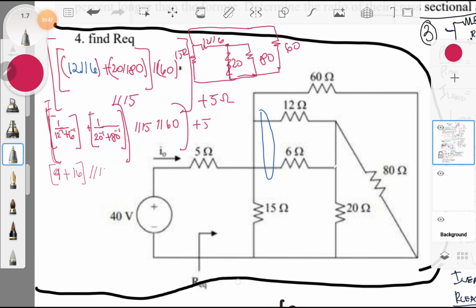In parallel with 15, in parallel with 60, plus yung 5 ohm. So, we have 1 over 20 raised to negative 1 plus 15 raised to negative 1 plus 60 raised to negative 1, plus 5. We have our REQ is equal to 22.5 ohms.